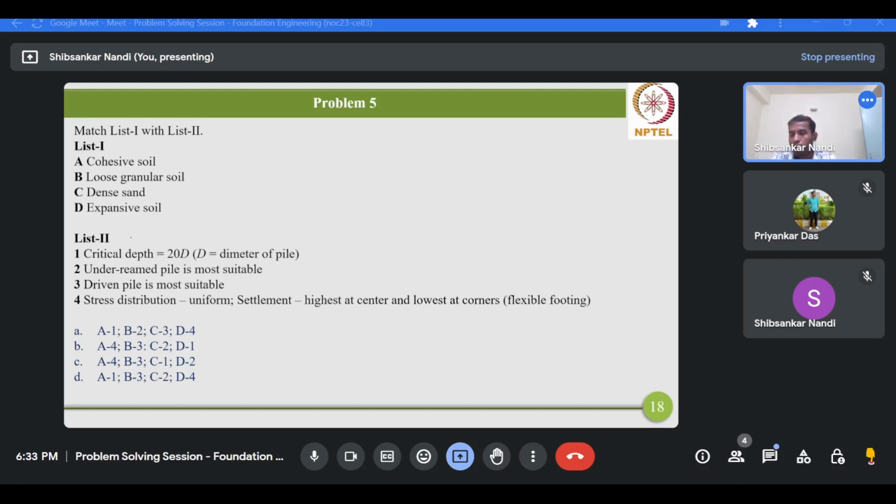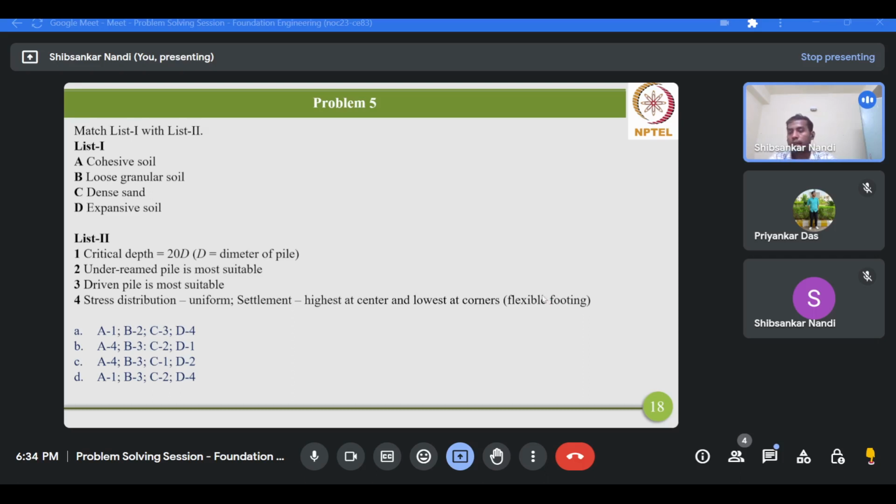Now in list 2, a few conditions are mentioned. First of all, critical depth, which is equated to 20 times D, where D is the diameter of the pile. Then in the second entity, an underreamed pile is most suitable. In entity 3, a driven pile is most suitable, and in entity 4, the stress distribution is uniform, however highest settlement at center and lowest at corners for a flexible footing.